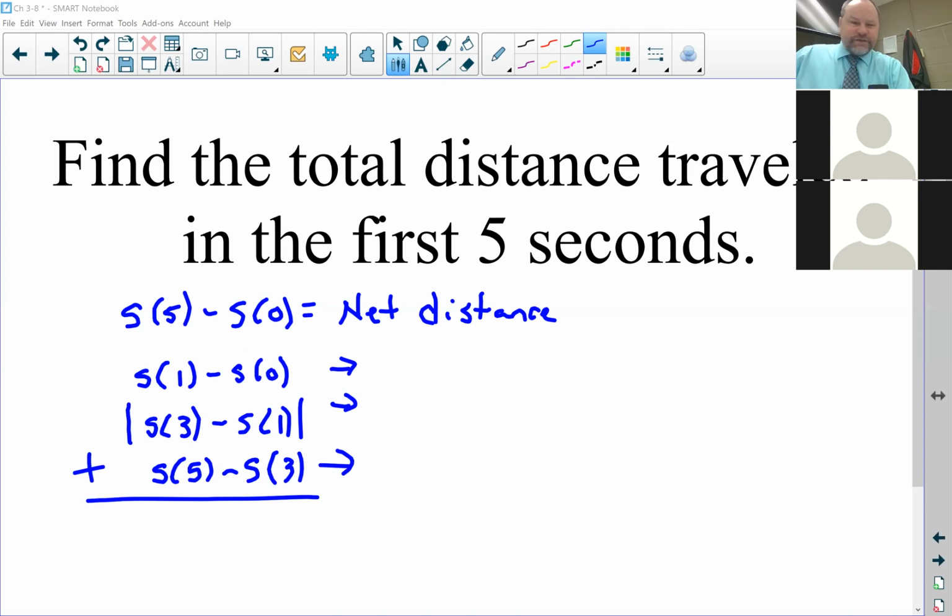So my position at time of 0 is 0, and at time of 1 is 4.